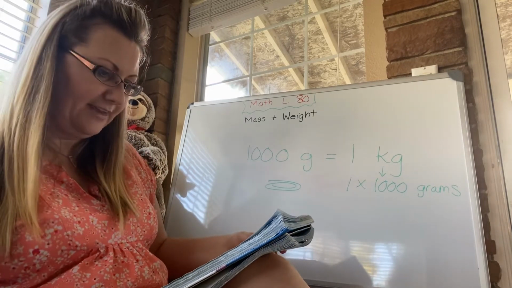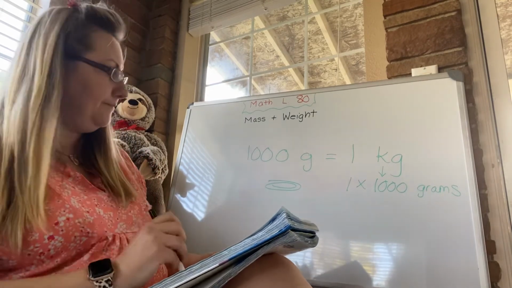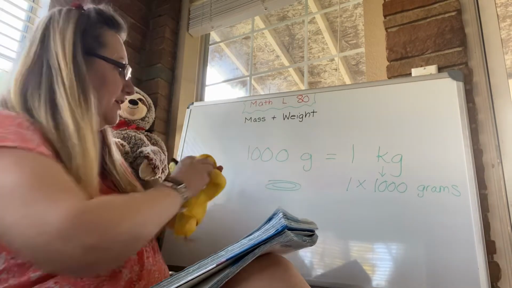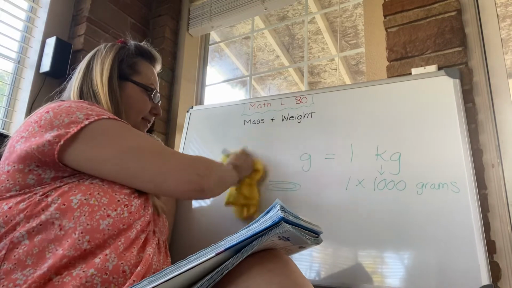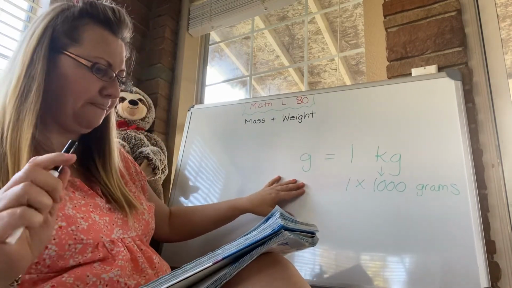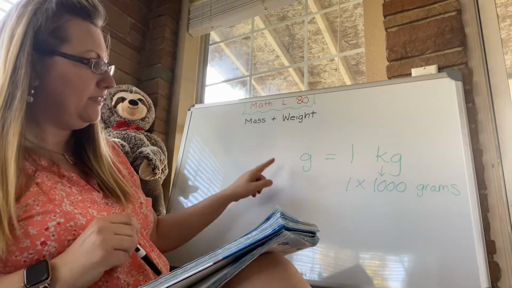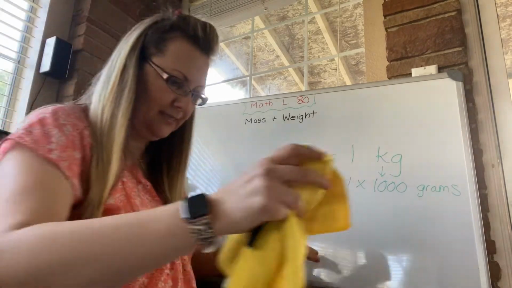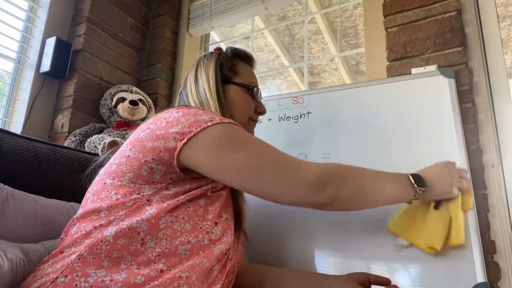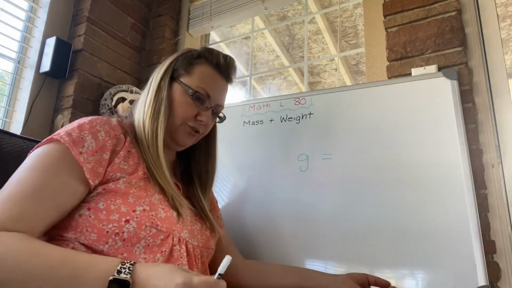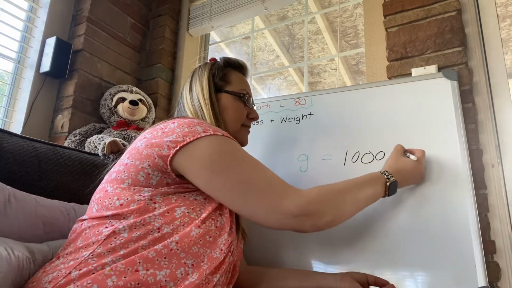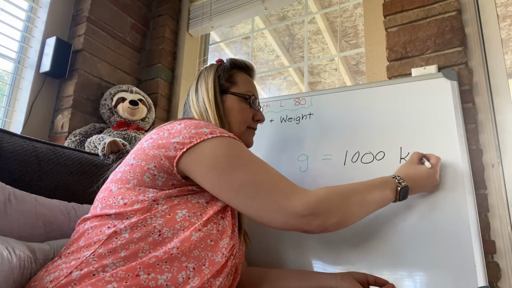So instead of writing the 1,000 grams, we can get rid of this word, and we could just write G, or grams, equals, very simply, grams equals 1,000 kilograms.